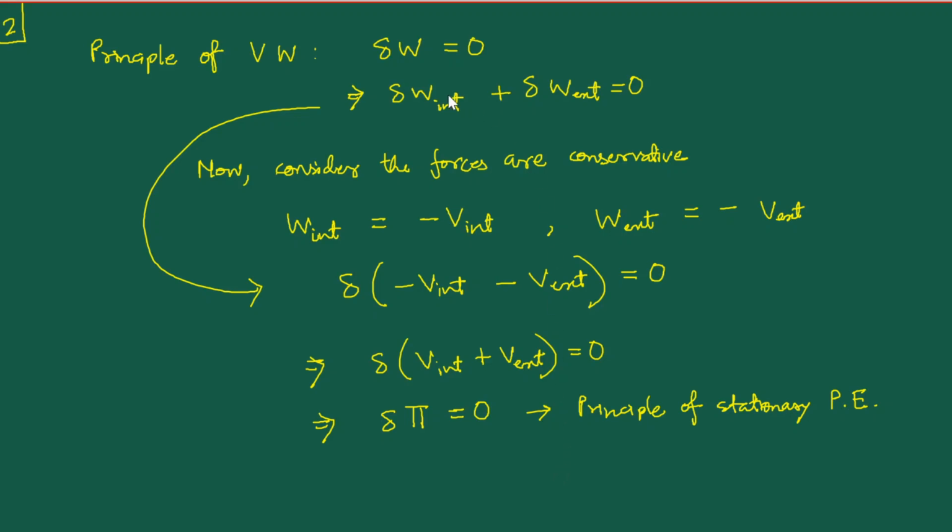However, when you are writing the principle of virtual work, you are not specializing to any particular kind of material behavior. So that is one extremely important point of difference between these two statements. When you write the principle of virtual work, it is applicable no matter what material you have on your hand. But when you write the principle of stationary potential energy, you are specializing to a certain material.